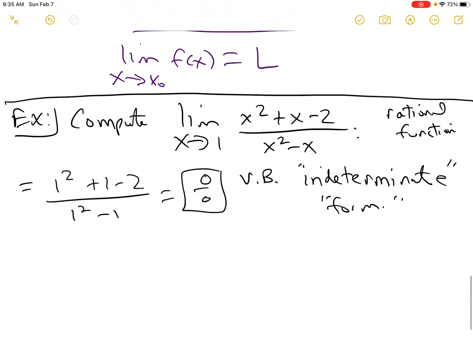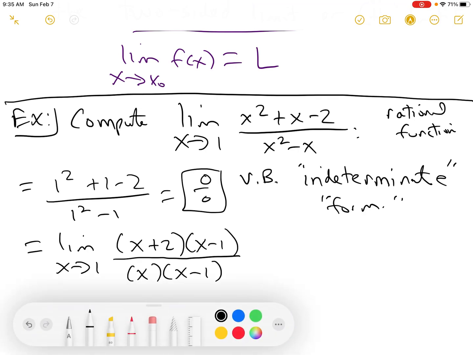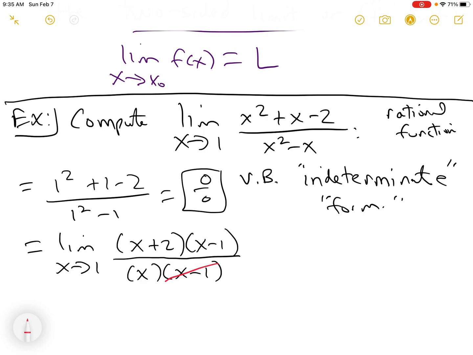Okay, so here's where the algebra comes in. If you factor the top, what do you get? You get x plus 2 times x minus 1, and the bottom you get x times x minus 1. Okay, so these cancel.